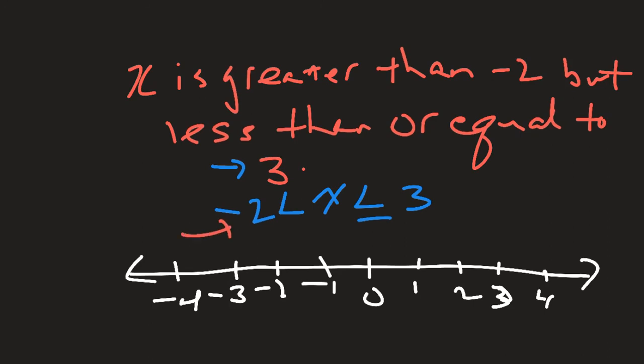So it's -2, an open circle because it's just a greater than symbol. Next I go to 3, and because it's a less than or equal to symbol, I fill it in. I draw my line, and I have represented x is greater than -2, but less than or equal to 3. So there's all the range of answers that this could possibly be.